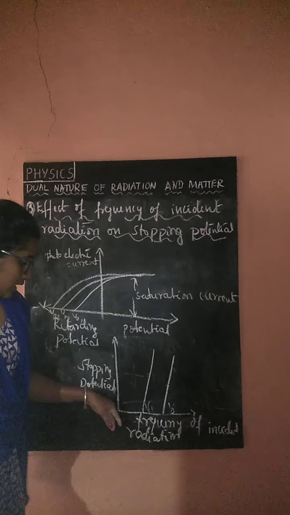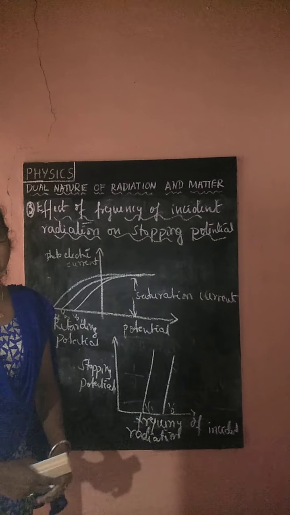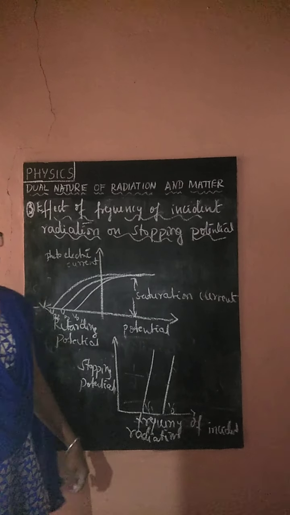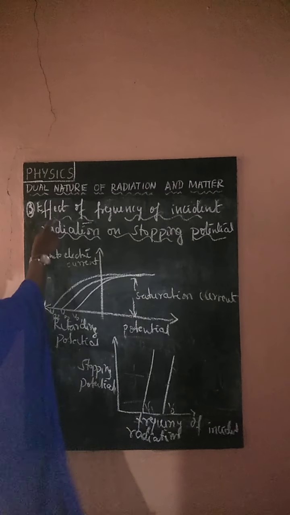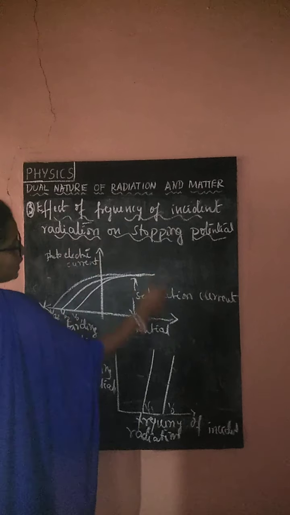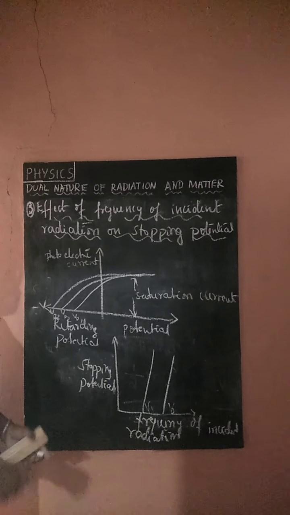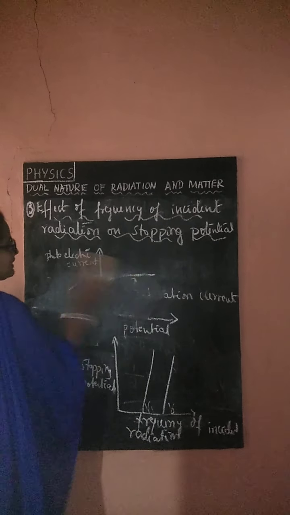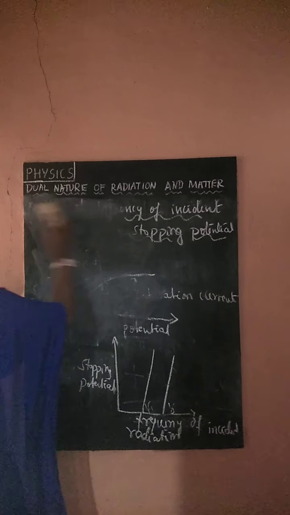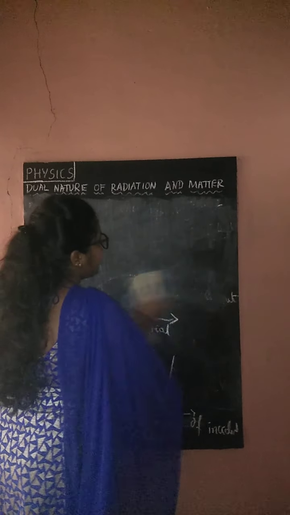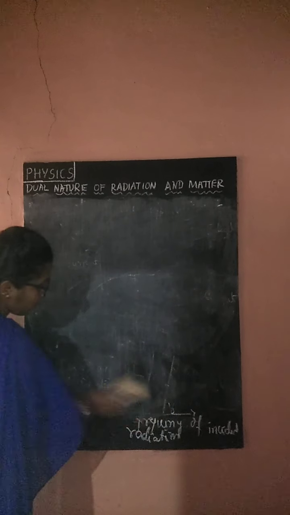So here the stopping potential will be 0 at that point. Here you can see the effect of frequency of incident radiation on the stopping potential. So these are the 3 effects according to the photoelectric effect.